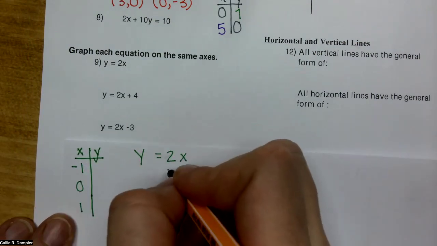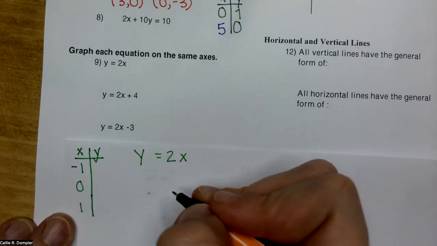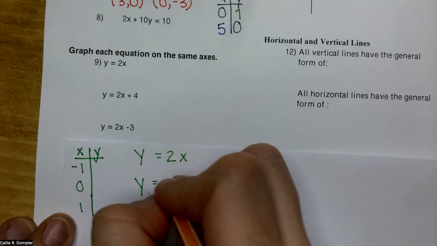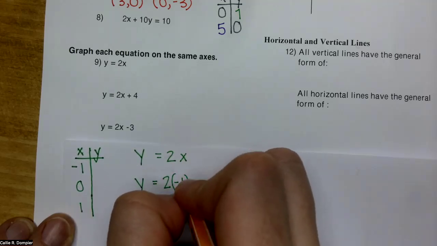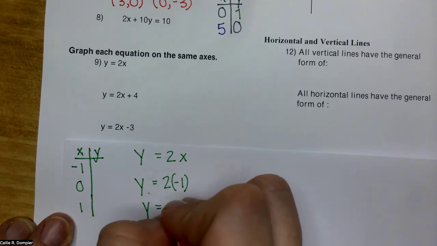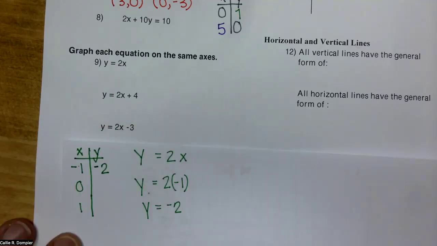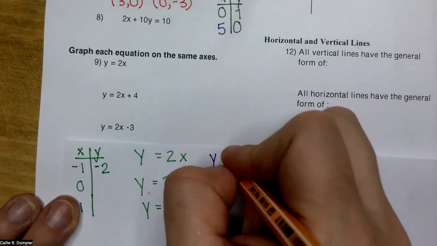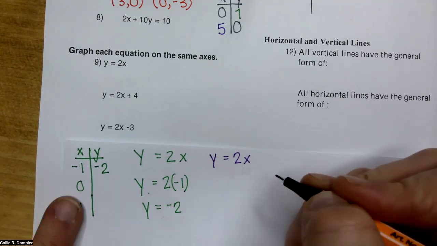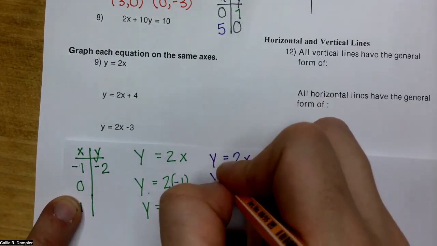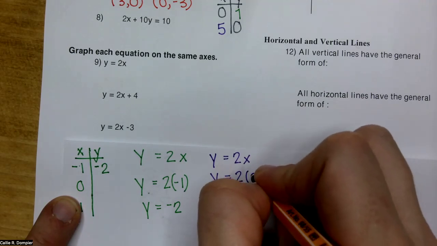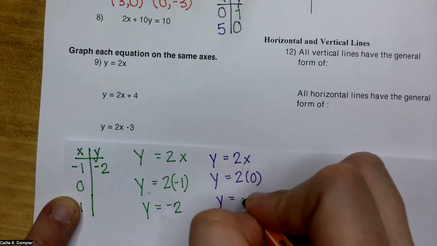So when x is -1, what happens to y? Y equals 2 times -1, y equals -2. So when x is -1, y is -2. Then we're going to do y equals 2x when x is 0. Y equals 2 times 0. So y equals 0.